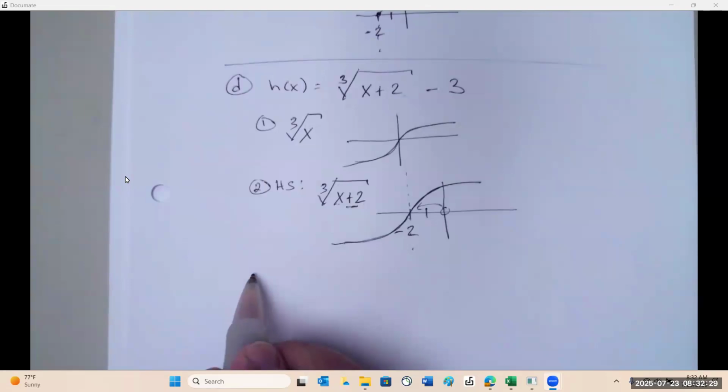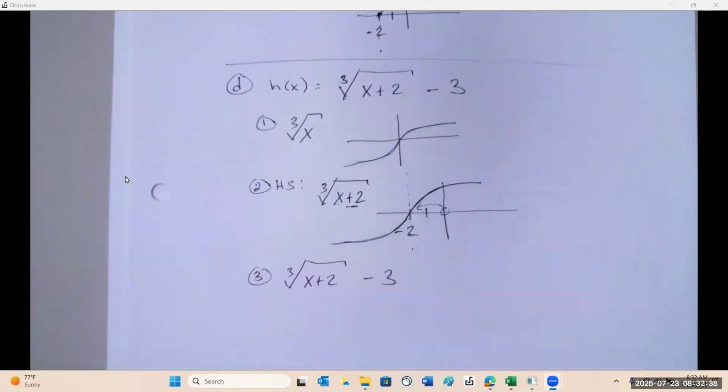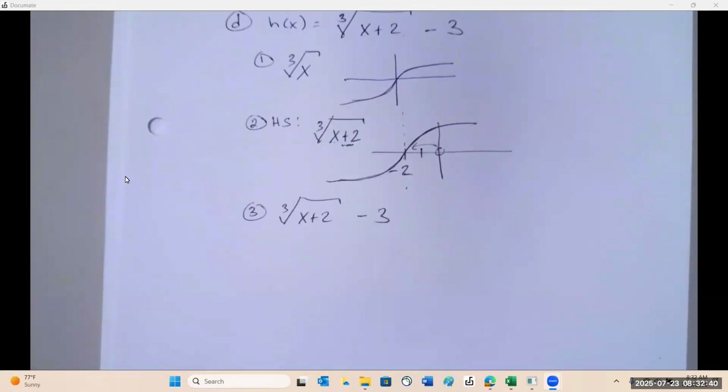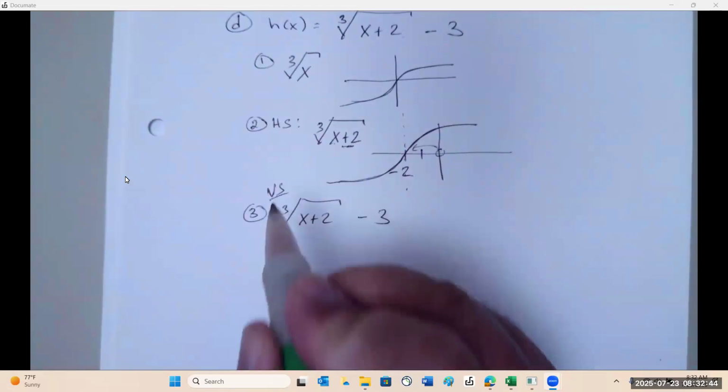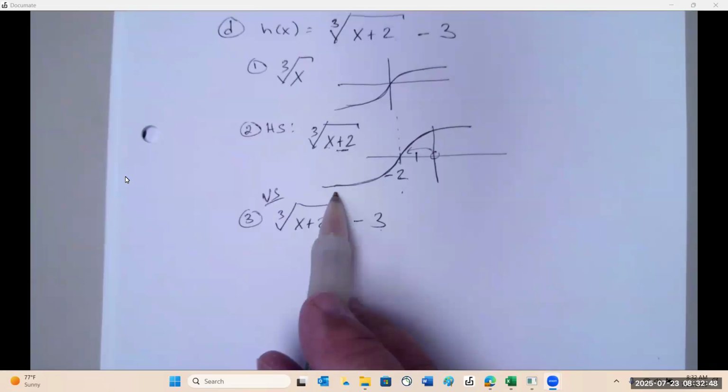Okay, so that's this part. Is there anything else in our equation? We have a -3. What kind of shift is that? It's a vertical shift, because it's outside, independent of the function.